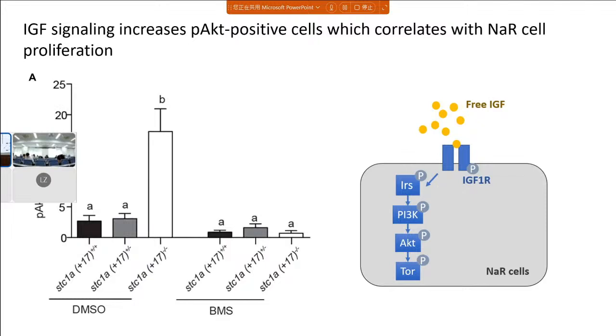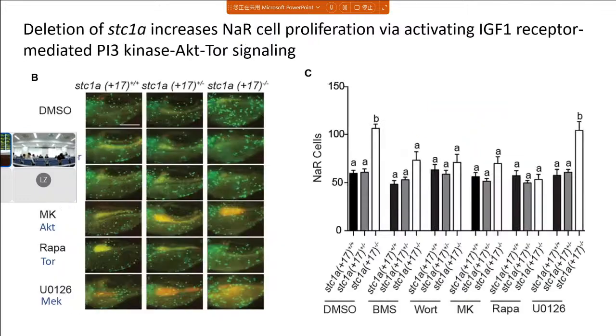And such an effect was abolished after inhibiting IGF receptors, since the pathway will be blocked partially or completely, and no AKT phosphorylation will be allowed under these circumstances. Besides inhibiting the IGF receptor, inhibitors functioning on other components throughout the IGF signaling were also applied.